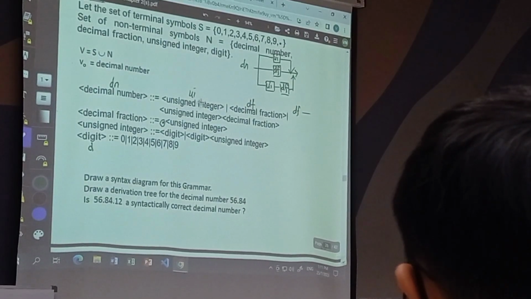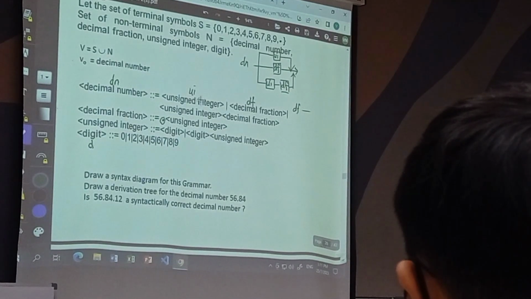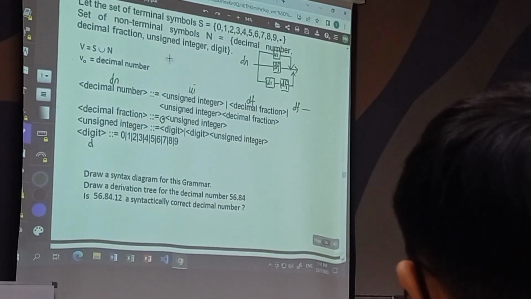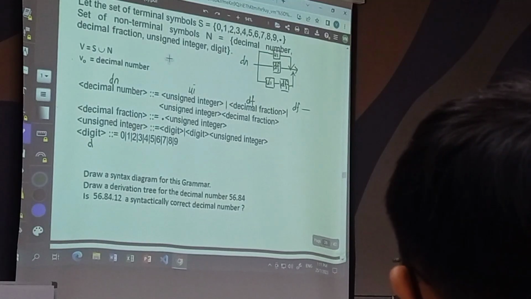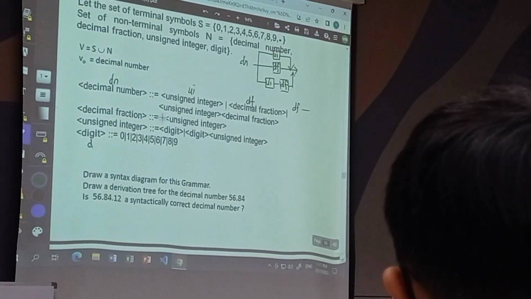How to see terminal or non-terminal? Got bracket means non-terminal. Now do you have bracket? No bracket. So that means decimal point is terminal, right?